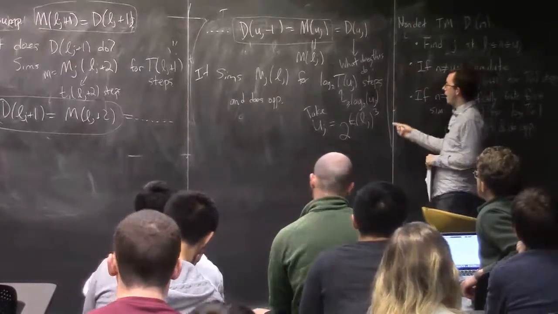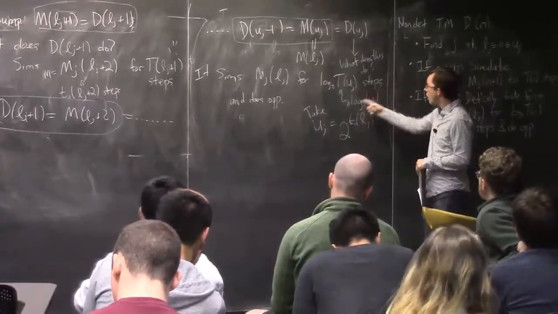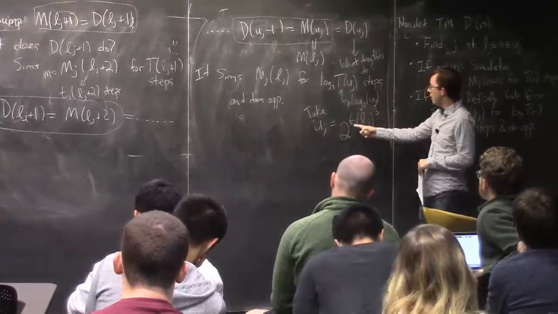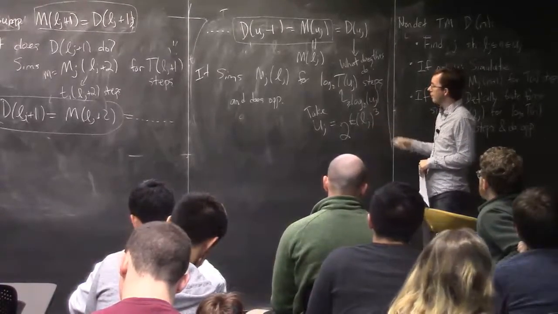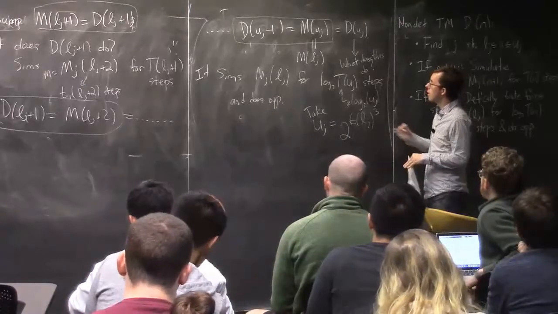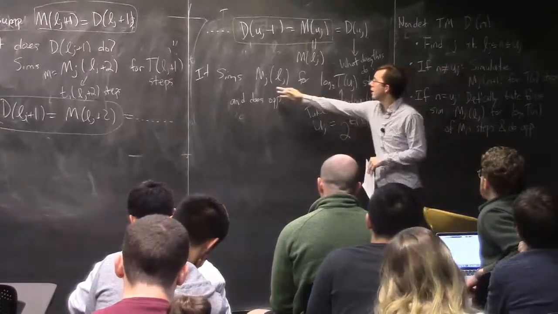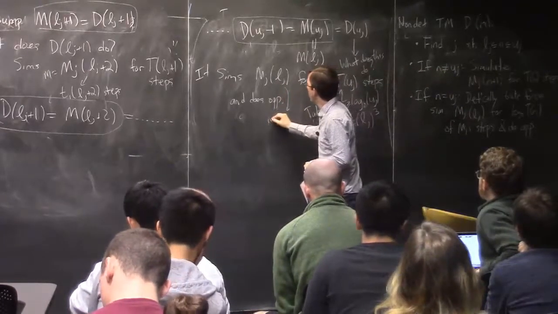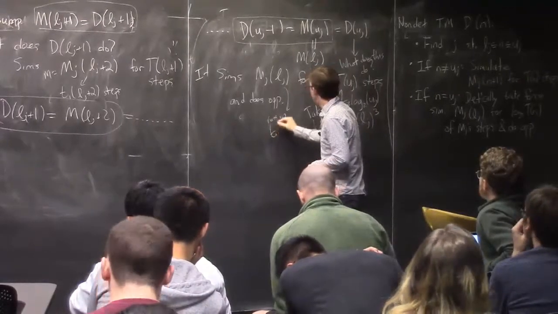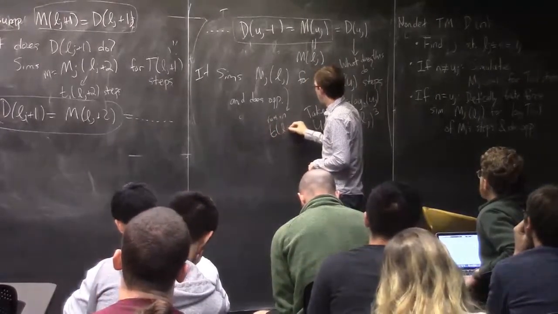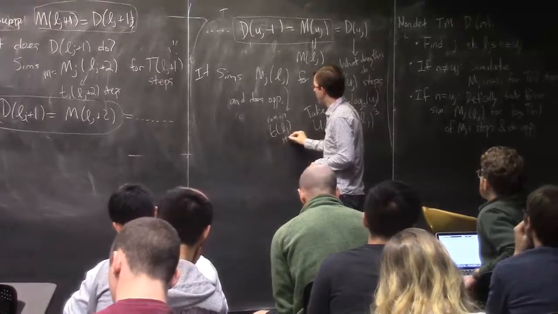So that this amount of time, log of u, is now the cube of T of L_j. So it's more than enough time, because this actually runs in T of L_j steps by assumption.